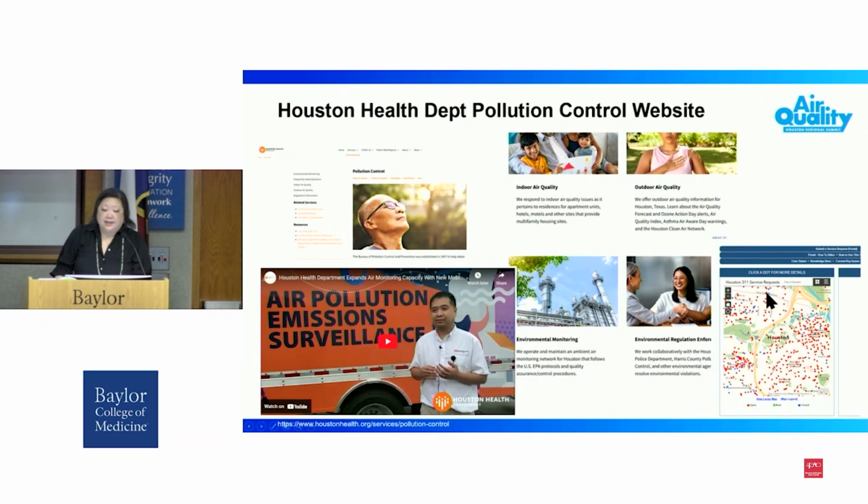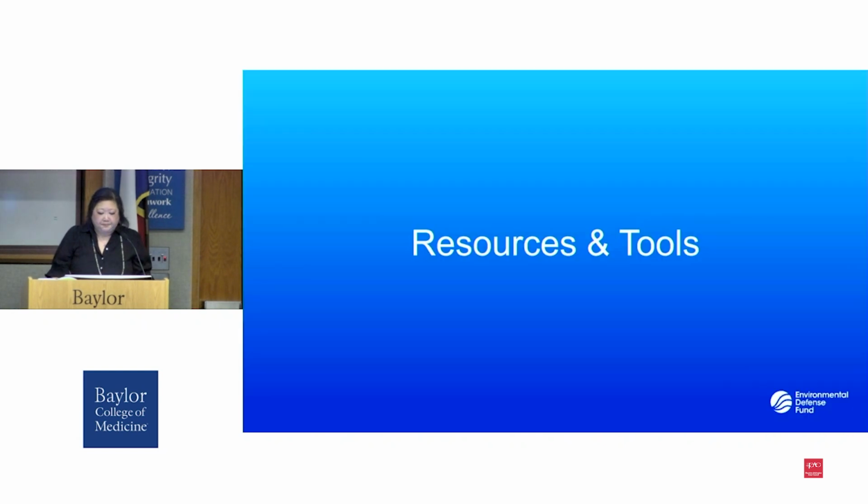And similarly, the Harris County Public Health Pollution Control and Prevention has got a great website, and you can see Dr. Winston Lee, who is here, has got a great video on the different surveillance that he's doing. And there's also links to indoor air quality as well as enforcement. And then you can see here on the bottom, I've got the 311 map. So I will share that with you later when we're talking about reporting.